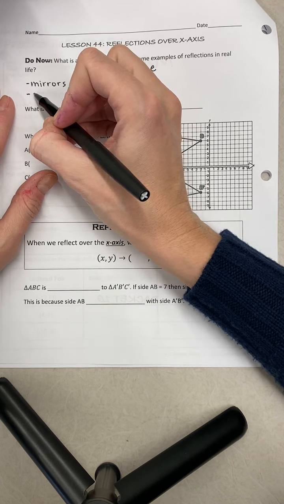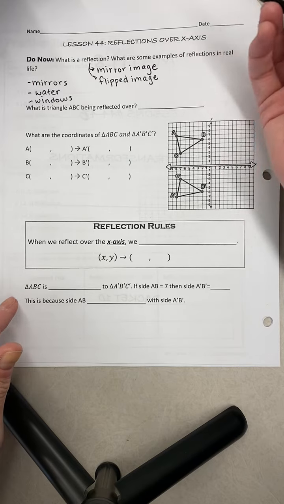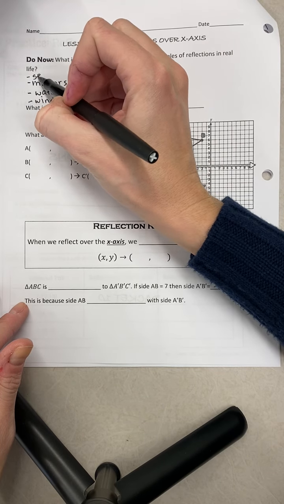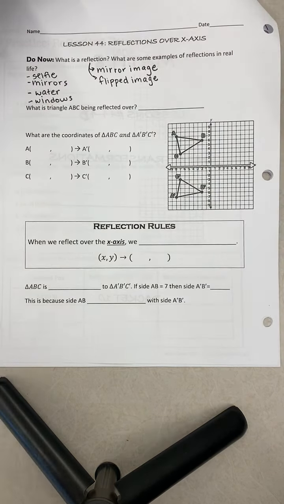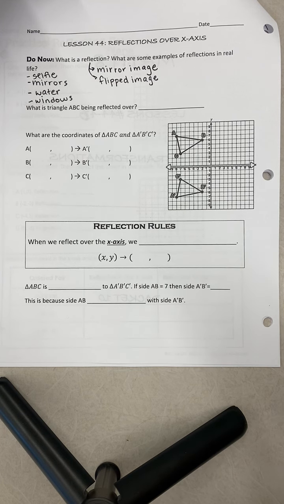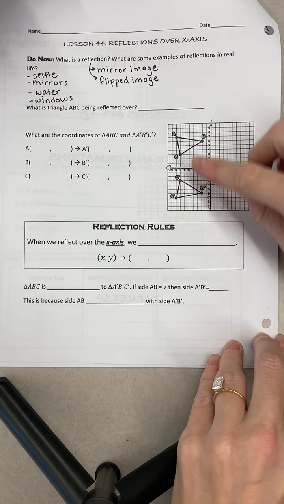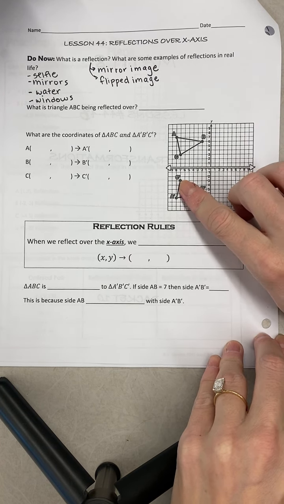Some of you might notice when you take a selfie, you're also doing a mirror image of yourself, just flipped the other way. So if we look at this diagram down here, we see that we have this triangle ABC, and it's reflected to create triangle A prime, B prime, C prime here.